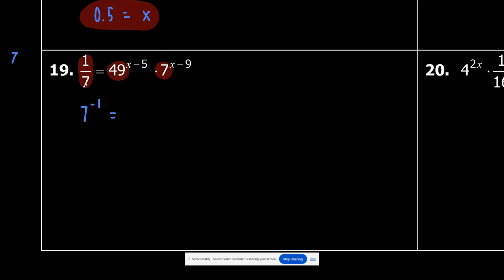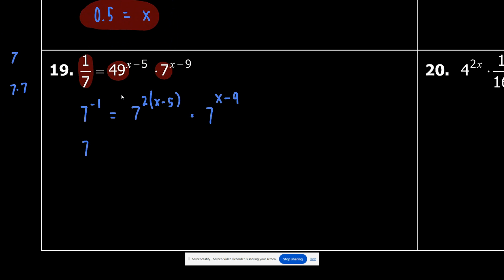Now over here, how do I make 49 have a base of 7? Well, think about this. 7 times 7 is 49. So that's 7 squared. Now don't forget there was an x minus 5 over here already. And that's being multiplied by 7 to the x minus 9. Now, before I combine those, actually, we can go ahead and do this all in one step.